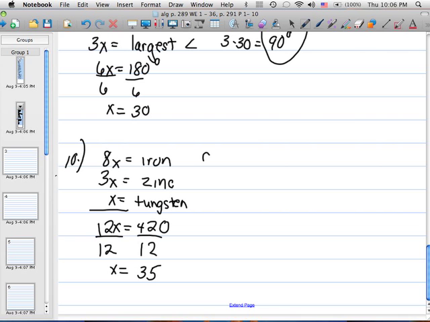So 8 times 35 would be 280 for the iron, and 3 times 35 is 105 cubic meters of the zinc, and just 35 cubic meters of the tungsten.